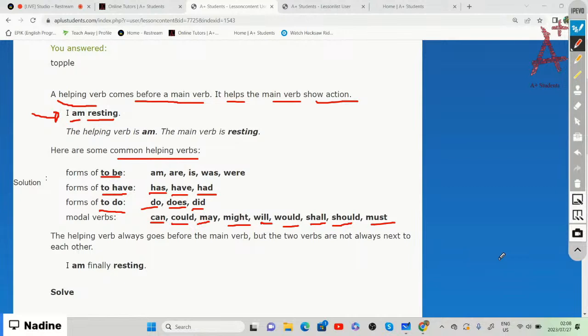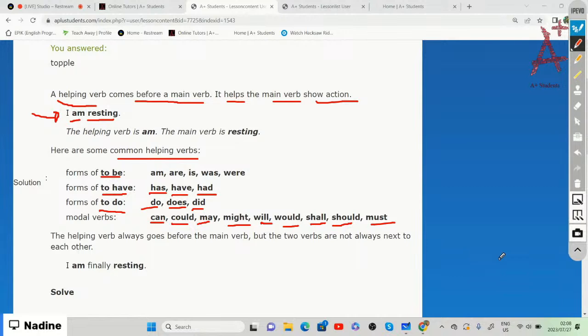And we've specifically said that a helping verb, yes, it always goes before the main verb, but the two verbs, the main verb as well as the helping verb, don't always go next to each other, right? It won't always say, I am resting, I am playing, she is. No, right? There will sometimes be another word or words in between the two verbs. And here we have an example.